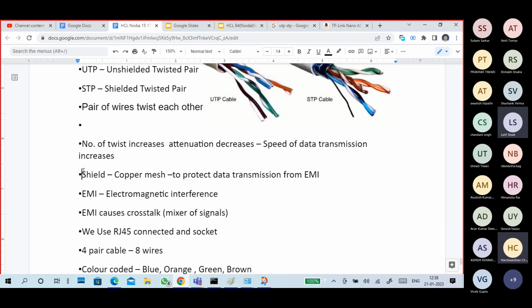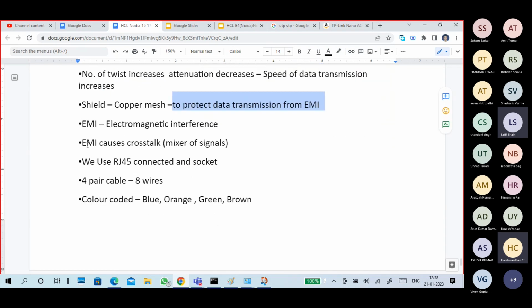The shield in a shielded twisted pair cable protects your data from electromagnetic interference.